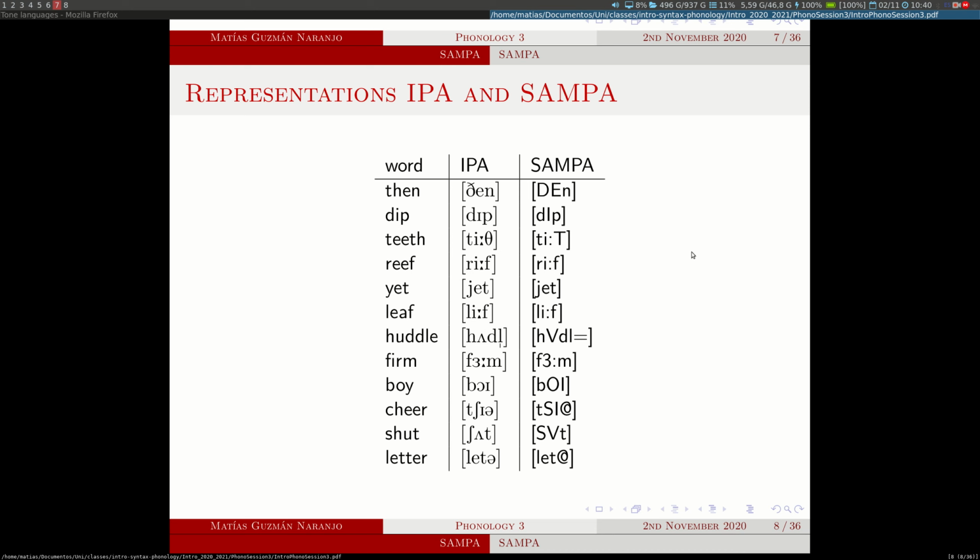So it's important that you know that it exists and what it is, because there are still many resources like the Selex database and others that still use Sampa for transcription. Newer resources usually use Unicode and IPA Unicode, but in other ones you still see this.